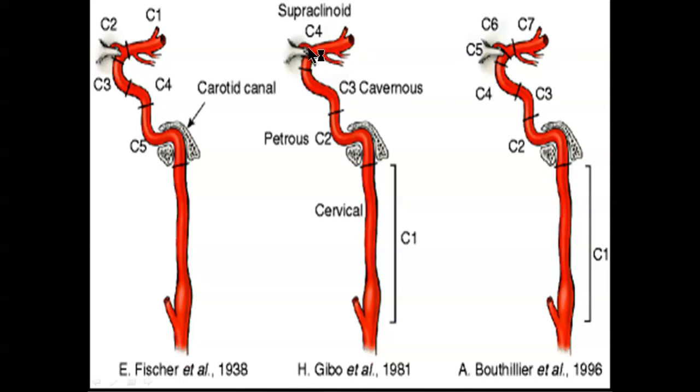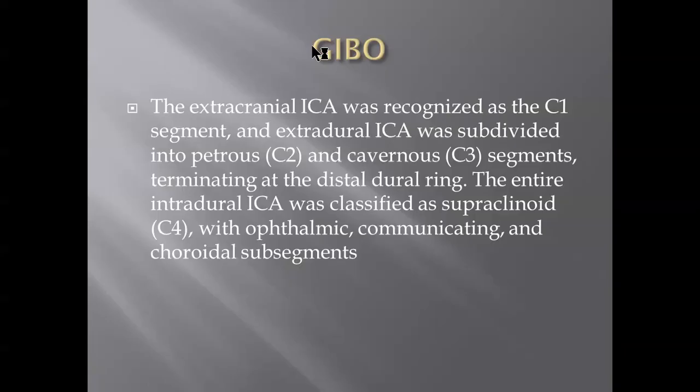So therefore, it's all intradural. So this is all written in that slide: extracranial part as C1, extradural subdivided into C2 and C3, cavernous segment, and the intradural part is the supraclinoid segment, C4.